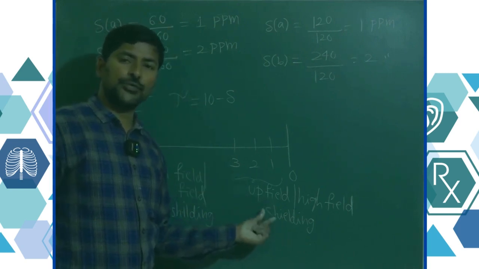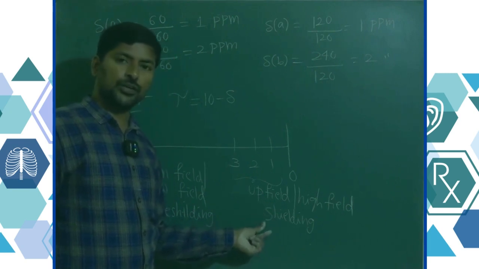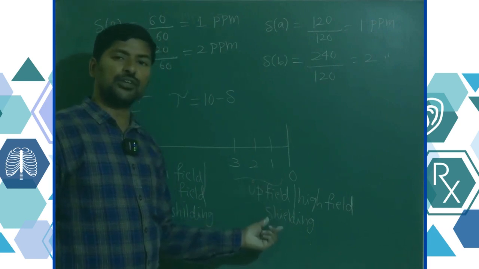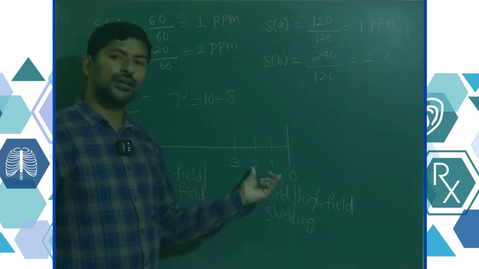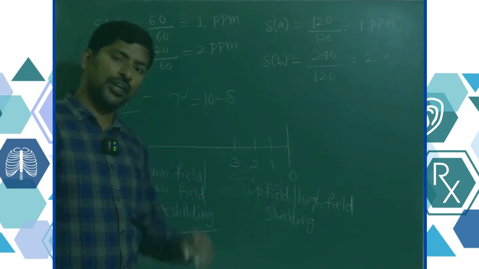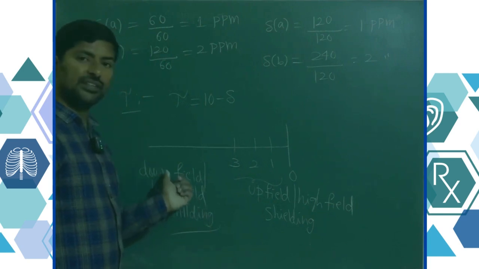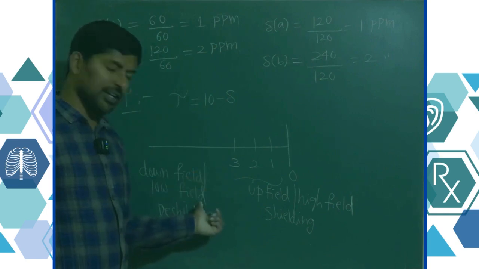So the effective magnetic field felt by the nucleus decreases. Whenever the effective magnetic field felt by the nucleus decreases, the frequencies also decrease. It means chemical shift values also decrease. So whenever the shielding effect is there, generally we will get signals in the upfield or high field region. Whenever the deshielding effect is there, we will get signals in the downfield or low field region.